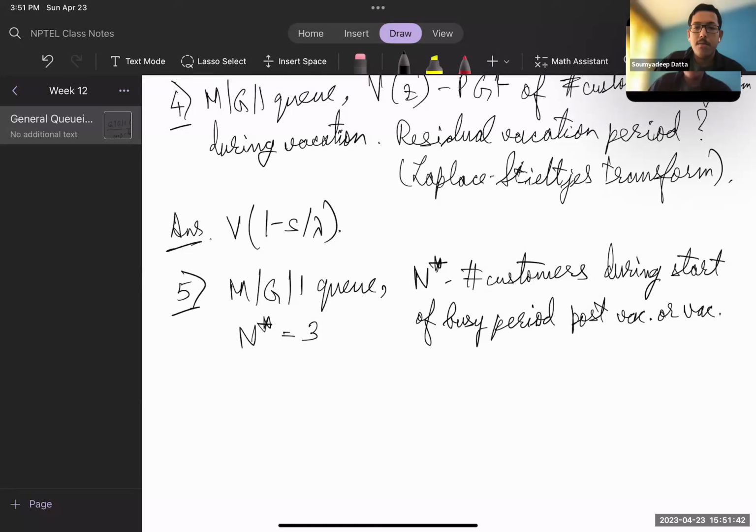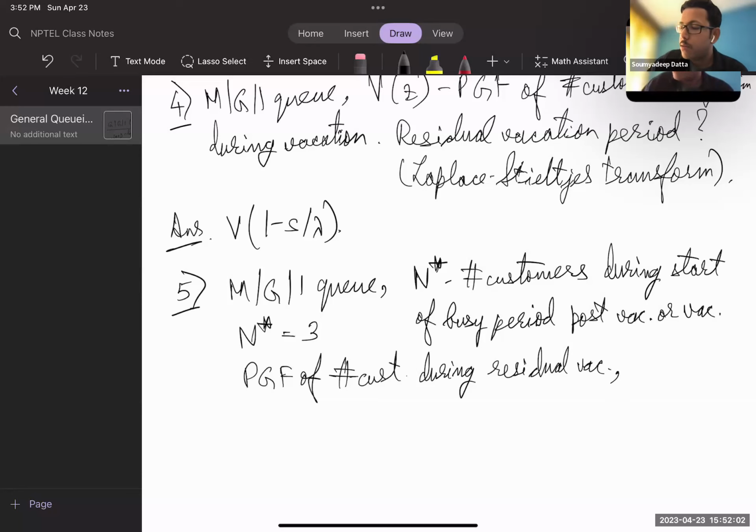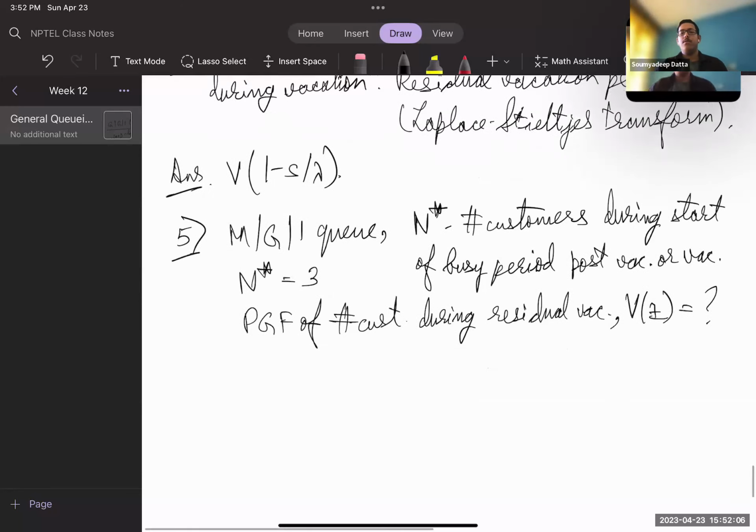And so what we want to find out is again the PGF of the number of customers during residual vacation, right? This is denoted by V of Z. We want to find out this one.